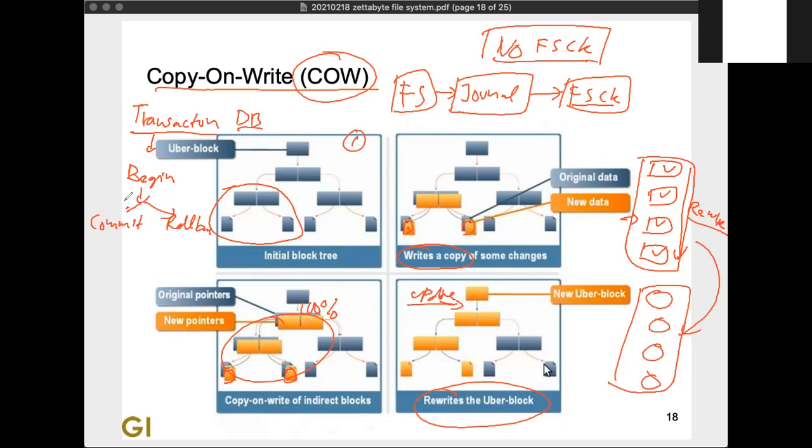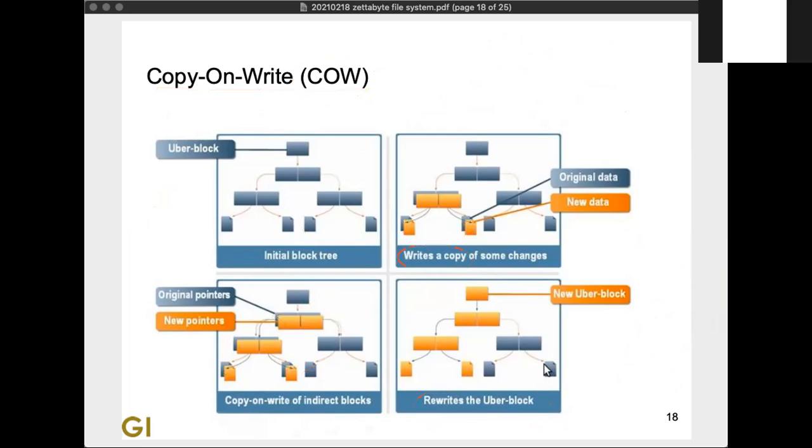Similar with this file system: either you write in the new blocks, make sure the writing is 100% correct, and then you update. Or if something is wrong, you just do rollback, which is very cool.